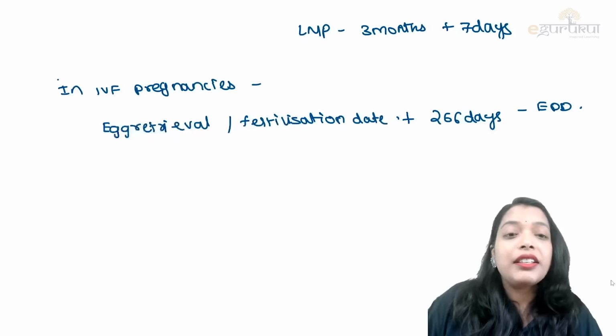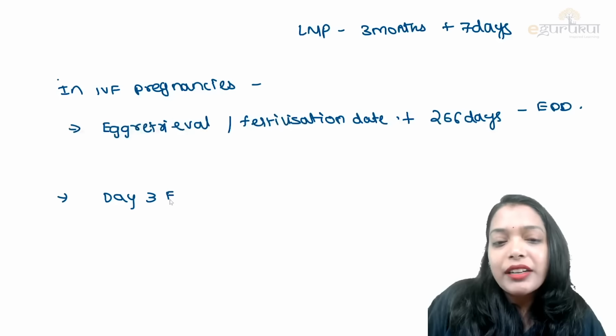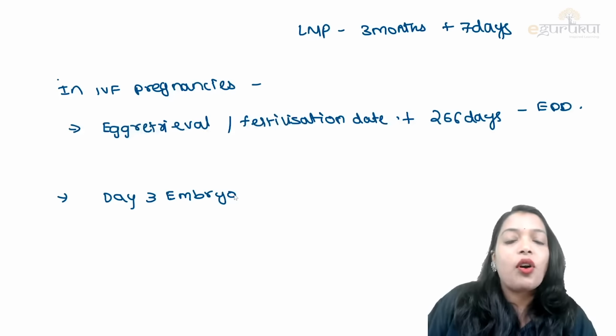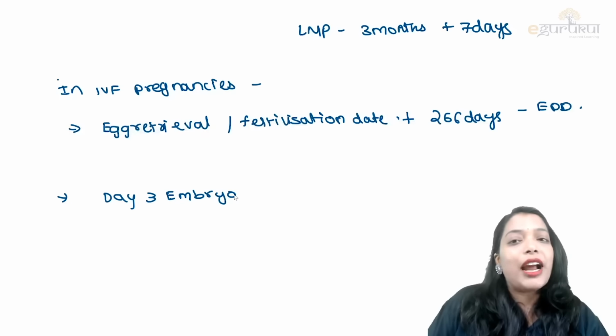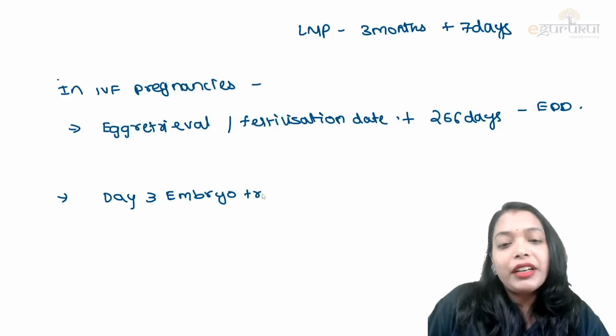In such cases, you can take from the day of embryo transfer. If you're doing day 3 embryo transfer, it means after fertilization, 3 days are already over. So how many days will you add? Very good, 263 days. So if you are doing day 3 embryo transfer, day 3 embryo transfer plus 263 days will give you the expected date of delivery.